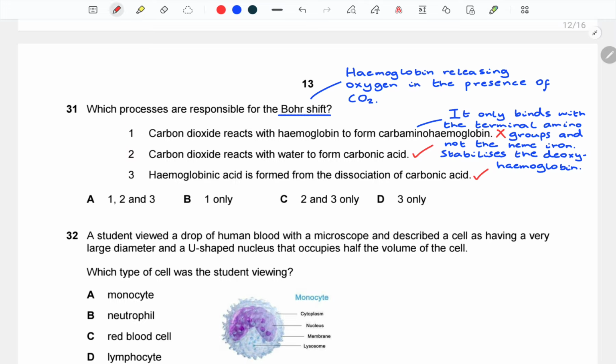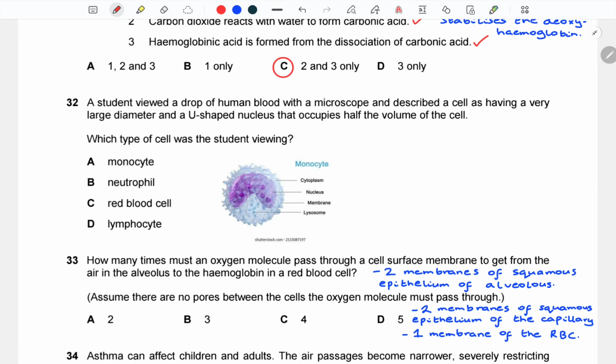This is not responsible for Bohr shift because the carbon dioxide is only binding with the terminal amino groups and not with the heme iron. On the contrary, it basically stabilizes the deoxyhemoglobin. Hence, number 1 has nothing to do with Bohr shift. 2 and 3 do. So our answer should be C.